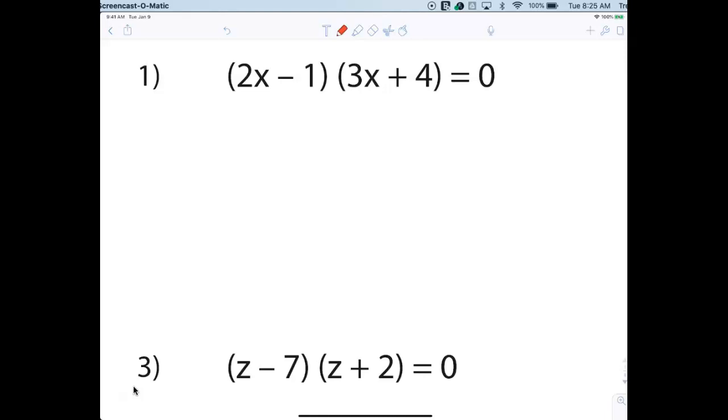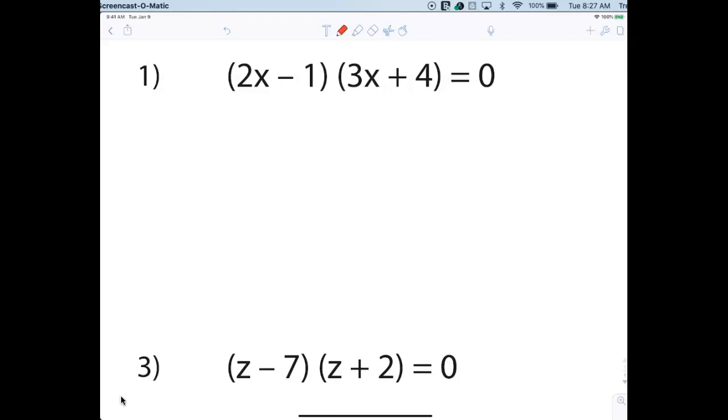Who can help her? Okay, so now we have this product, 2x minus 1 times 3x plus 4 equals 0.